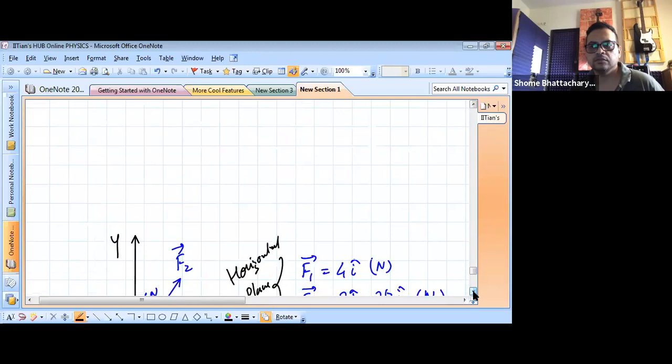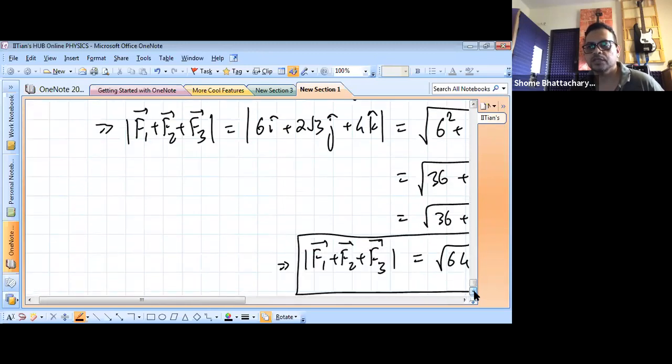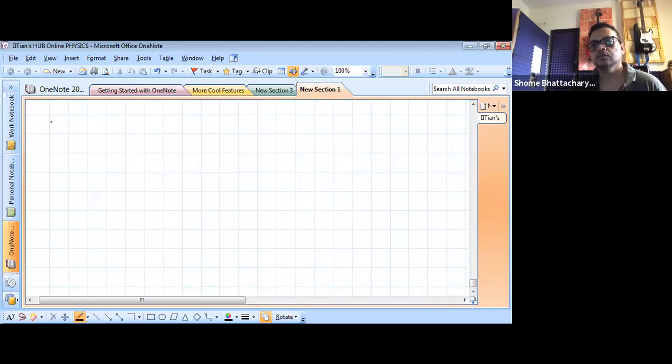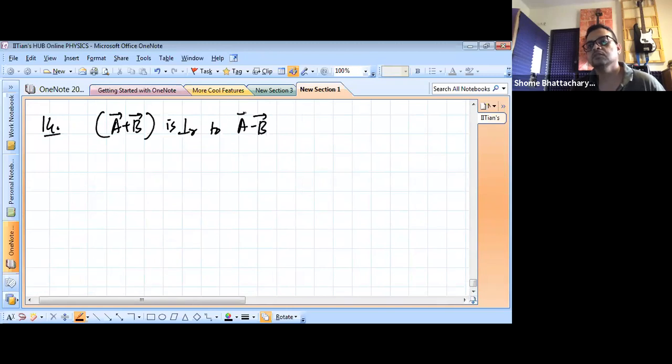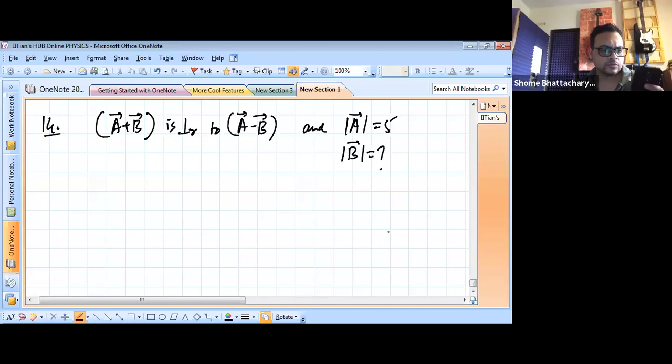So there are quite a few ways of doing this question. Given that A plus B as a vector is perpendicular to A minus B, and mod A is 5, so we have to find mod B. Anybody got an idea how to do this?